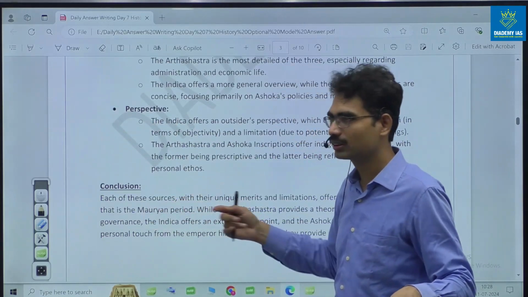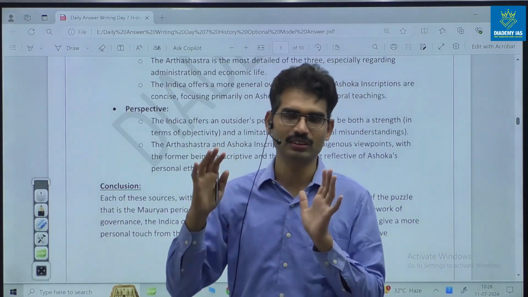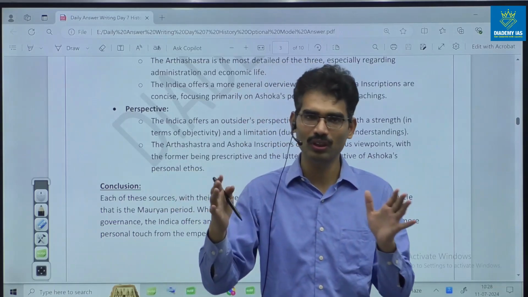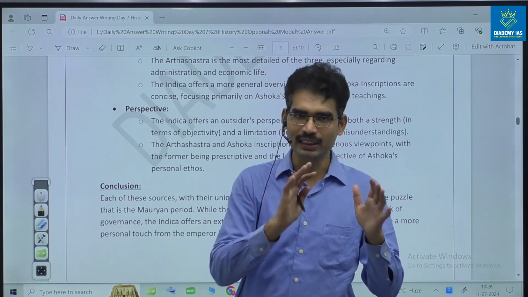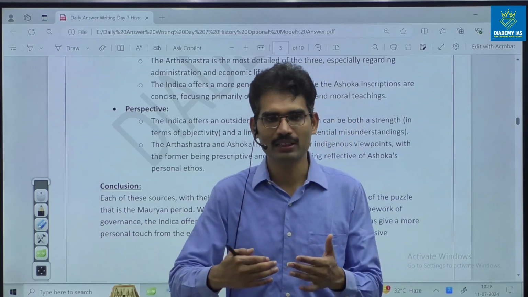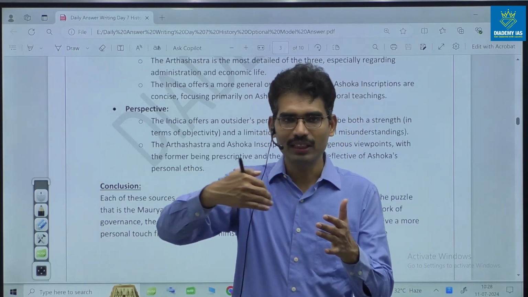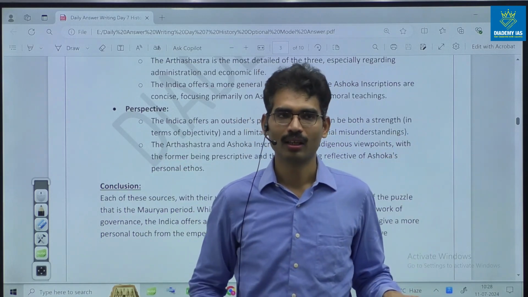Conclusion: even though they have some limitations, each and every segment has its own limitations. For example, the Arthashastra was not written in a single year, and not even in the Mauryan period. The text appears to have gradually evolved over a period of time, but it mostly focuses on the Mauryan period.